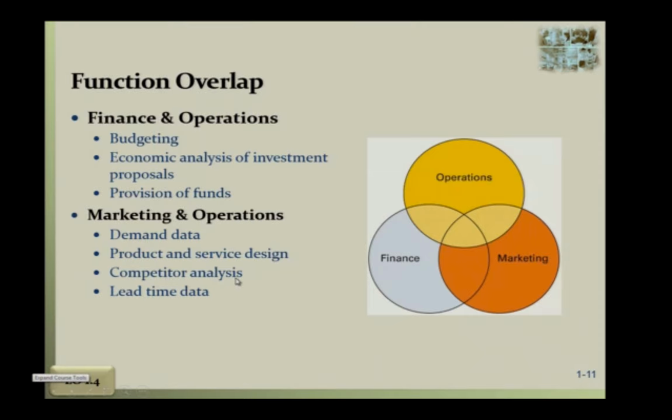Competitive analysis, that's again done by marketing to help operations do a better job. Lead time data, how long it takes for a product to get to market. That is, how long do we need to send a product to the market? How fast do we have to be? If you're the first mover, then you need to get to the market before any other competitors. There are many advantages to that.